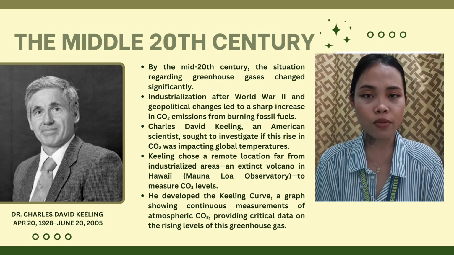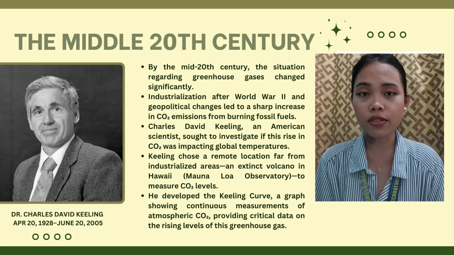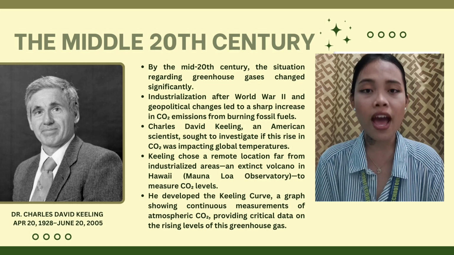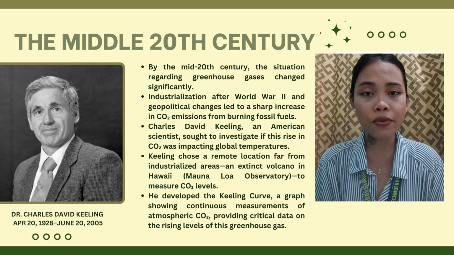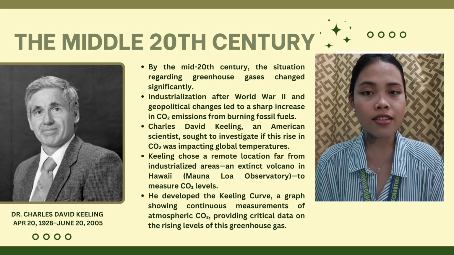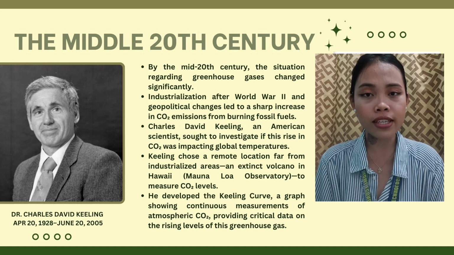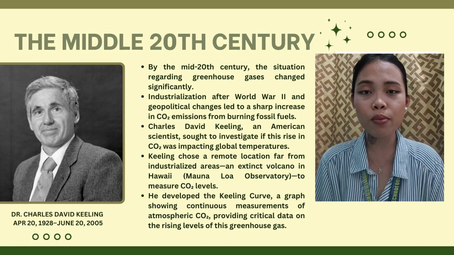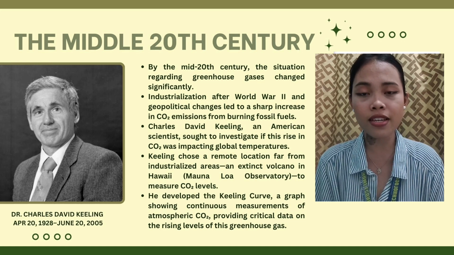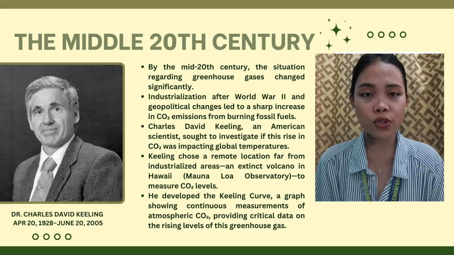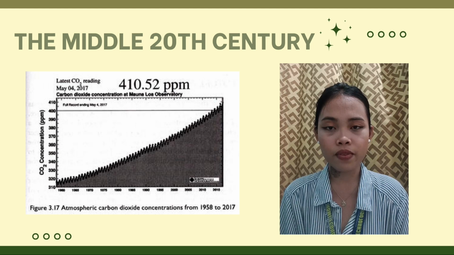Keeling began continuous measurements of atmospheric carbon dioxide in the 1950s. He plotted his findings on what is now known as the Keeling curve, a graph that shows the steady rise in carbon dioxide levels over time. This data provided the first clear evidence of how human activities were increasing carbon dioxide concentrations in the atmosphere.